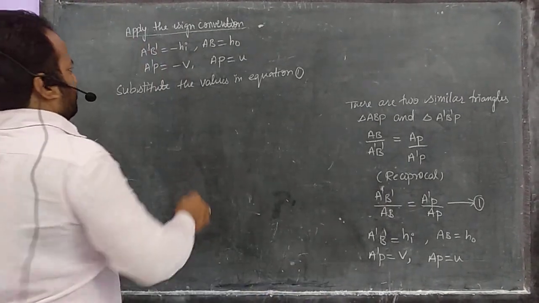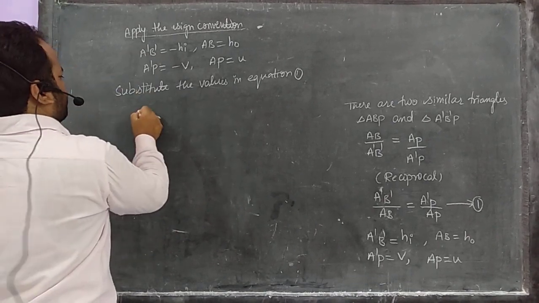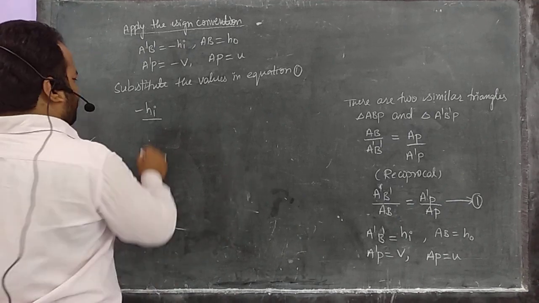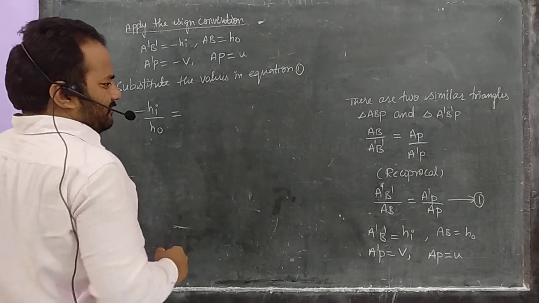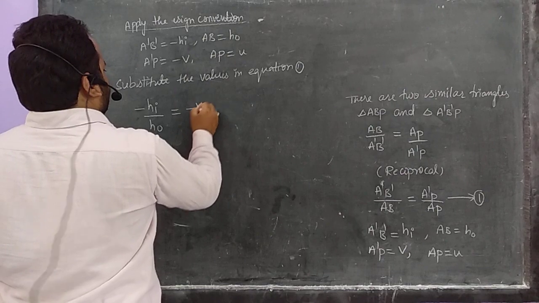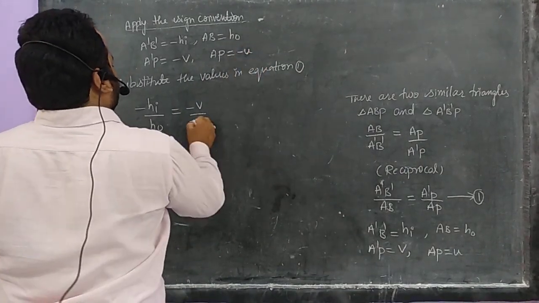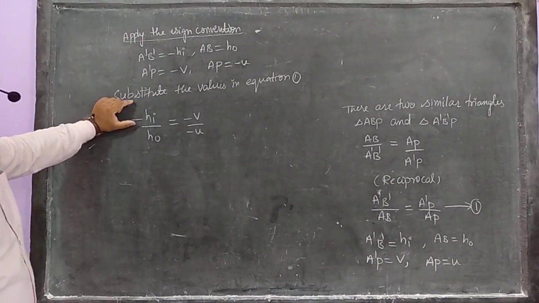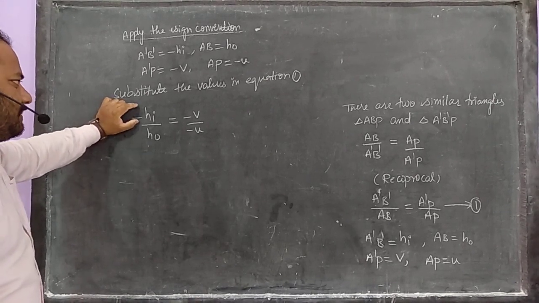After substituting the values in the equation, what do we get? A dash, B dash, after applying the sign convention, becomes minus HI, divided by AB, which is the height of the object, plus HO, is equal to A dash P, which is minus V, the image distance, and the object distance, minus U. According to the sign convention, the height of the object is above the axis, plus, and the height of the image is below the axis, minus.